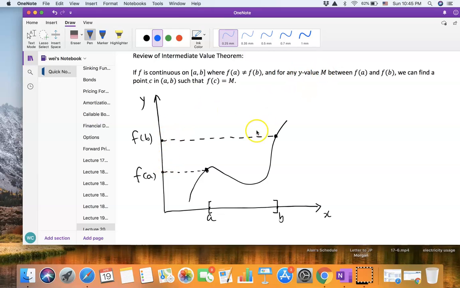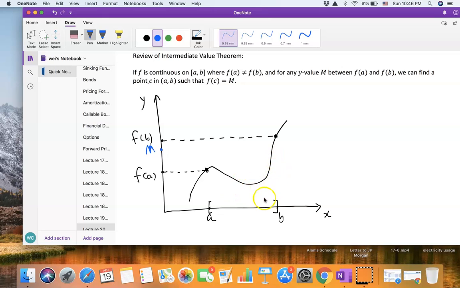Now if these are true, for any y value between f of a and f of b, for example here, I call this capital M. Then I can find a number between a and b on the x-axis such that the function value at c is going to be equal to this number.